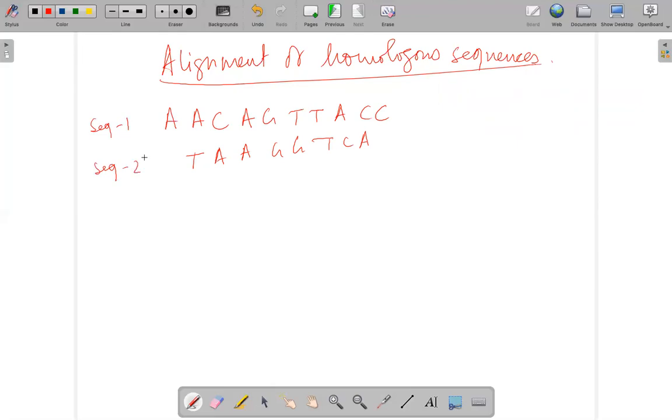Now, as you can immediately understand, the two sequences can be aligned in multiple different ways. So I enlist here two different ways of aligning, but there can be many more.